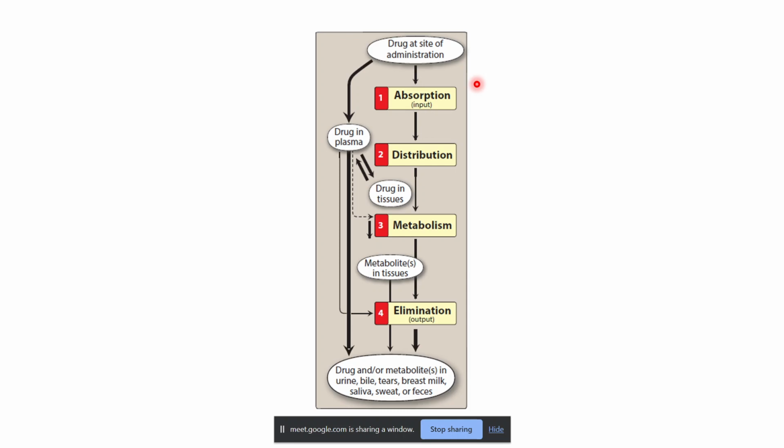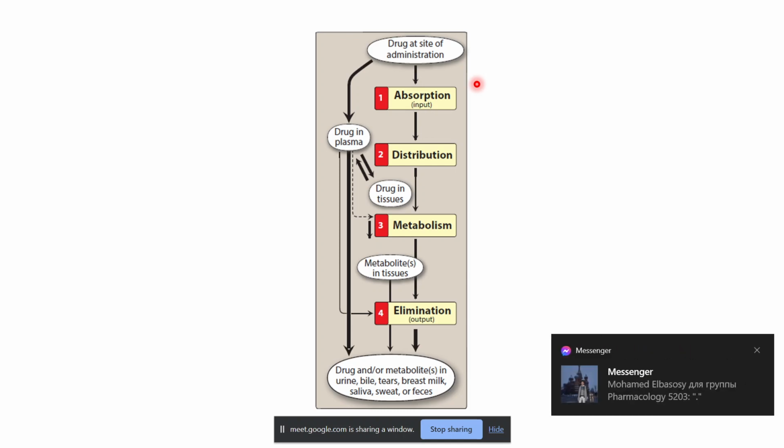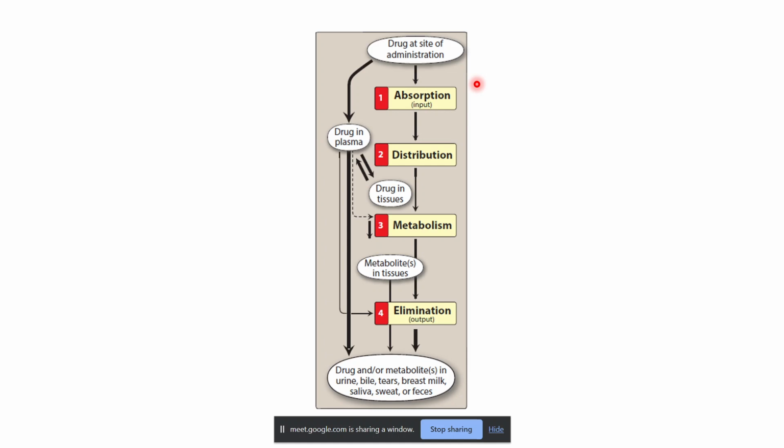The lower the absorption is, the lower the bioavailability of the drug will be, because not all of the dose of the drug will be absorbed into the blood.